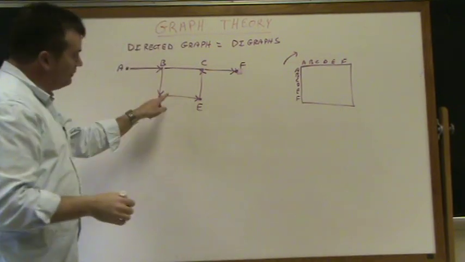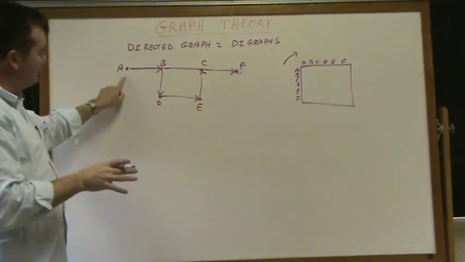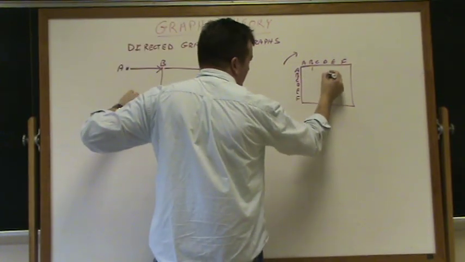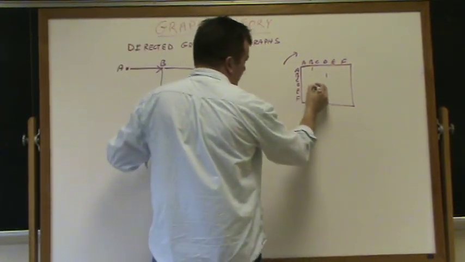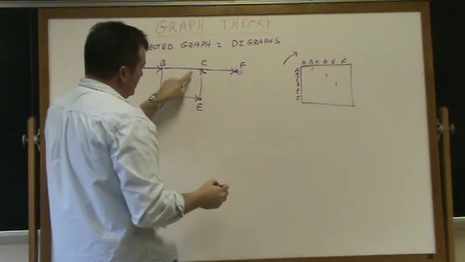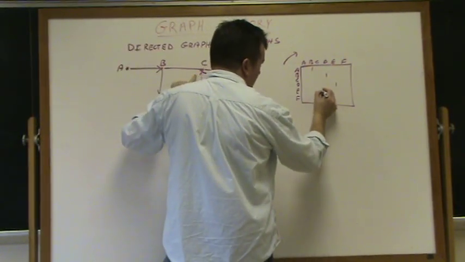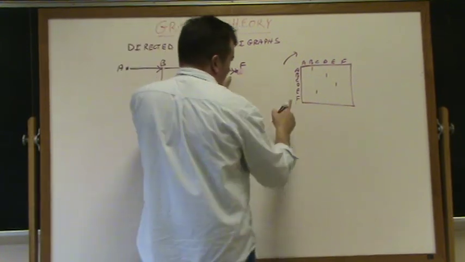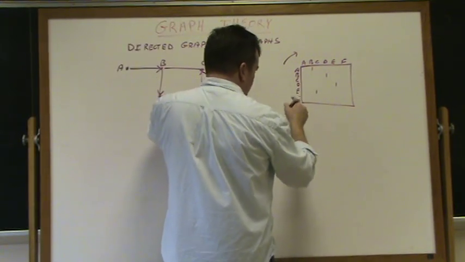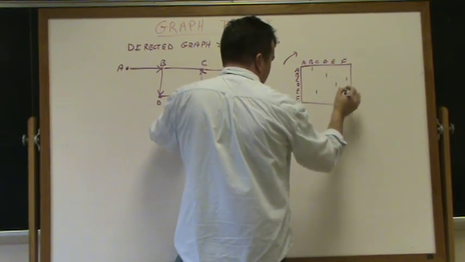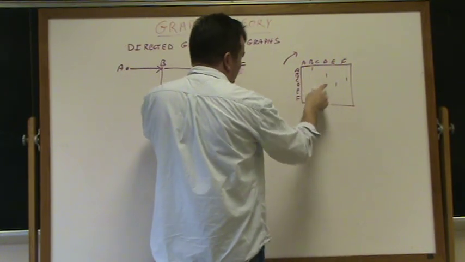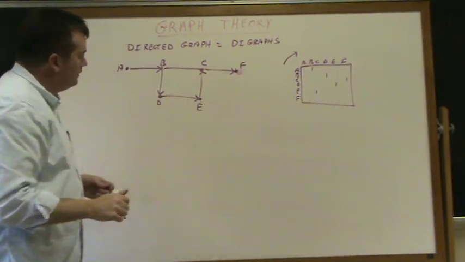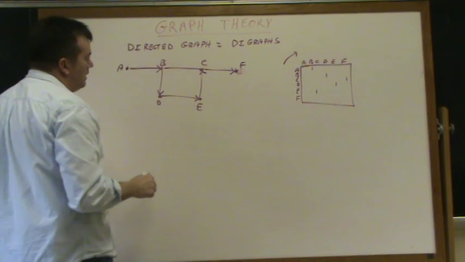We would represent this graph in a two-dimensional array by saying A connects to B, B connects to D, D connects to E, E connects to C, and C connects to F. That's 5 edges. And B connects to C? We haven't included an arrow there.